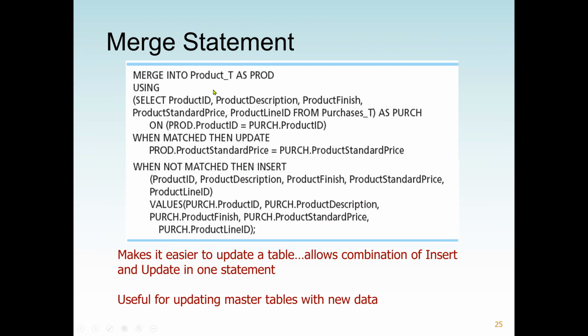Then we can also use the merge statement. So we use the keyword merge into product T as PROD using select product ID, product description, product finish, standard price, product line ID from purchases T. So you can see we are merging into product T as PROD using the query here: select product ID, product description, product finish, product standard price, product line ID from the table named purchases T as PURCH on PROD.product ID equal to PURCH.product ID.